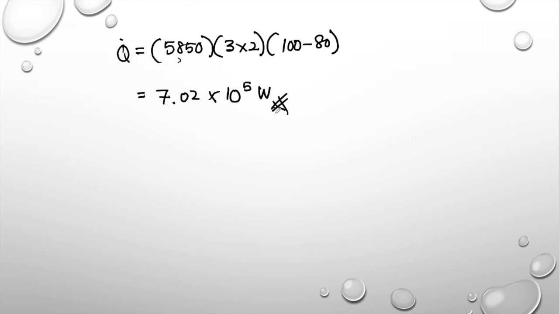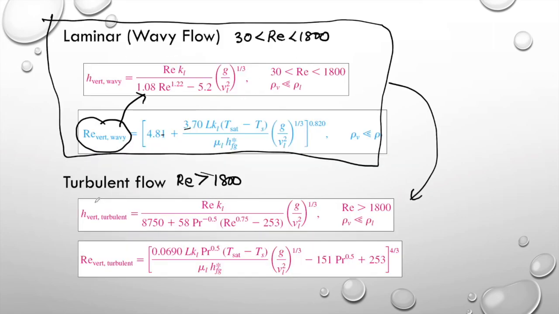The next question is to find the M dot. We know that Q dot is equal to M dot times H star Fg. Now we have to determine the H star Fg. I already mentioned that H star Fg has two different equations.